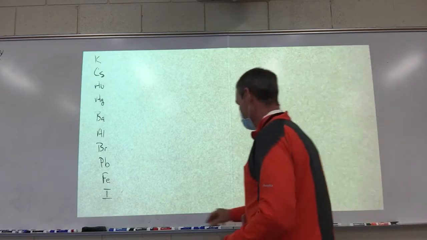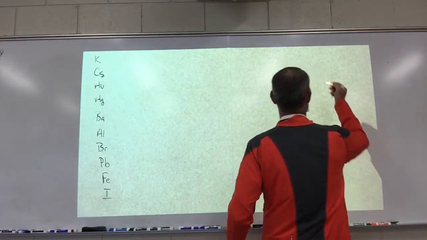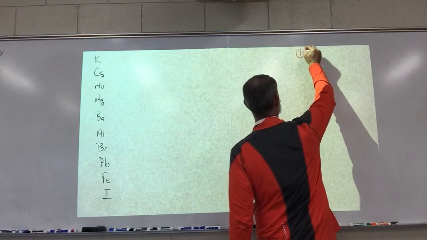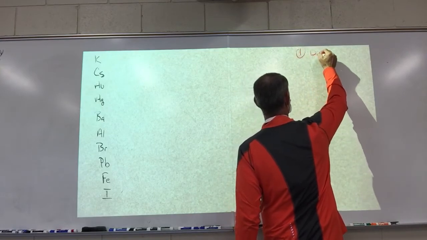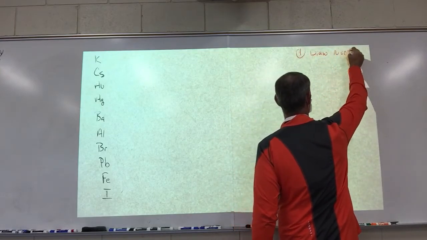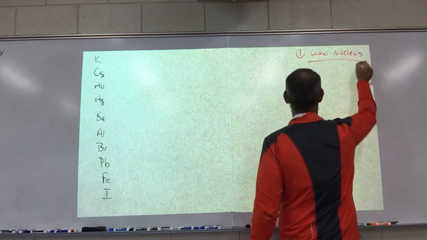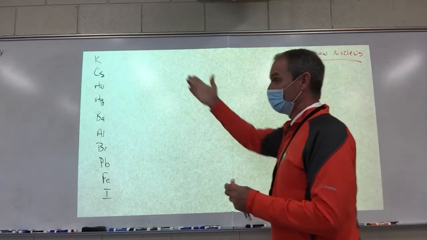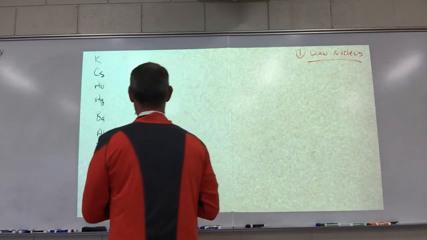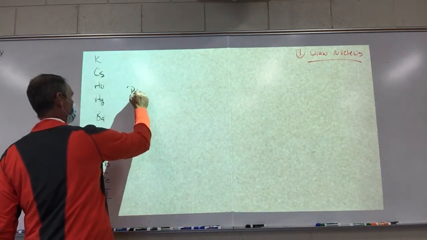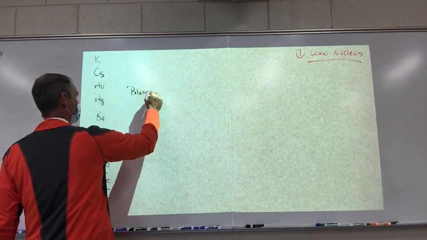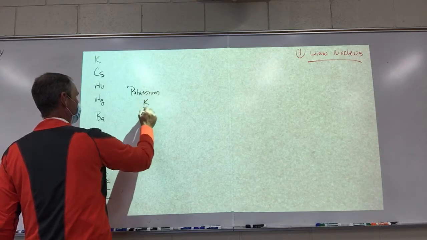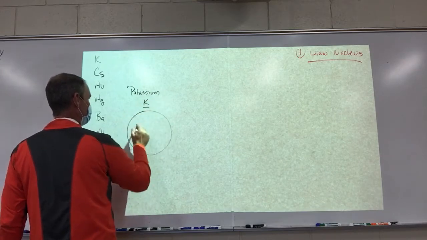The first step, right? The first step is to draw the nucleus. Okay, so let's do the nucleus for potassium. K is its symbol.